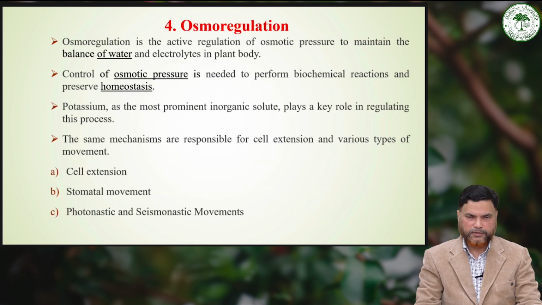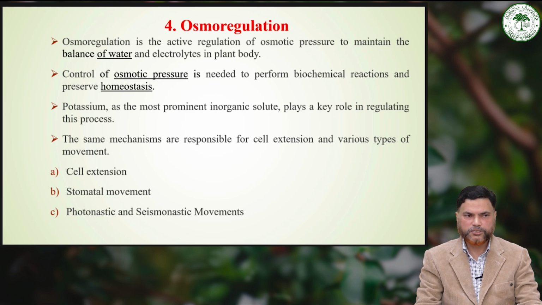You see that potassium also affects the process of osmoregulation. Basically, osmoregulation is how plants actively manage pressure inside their cells to keep the right balance of water and electrolytes. This controlled pressure is very crucial for carrying out biochemical reactions and maintaining balance within the plants.